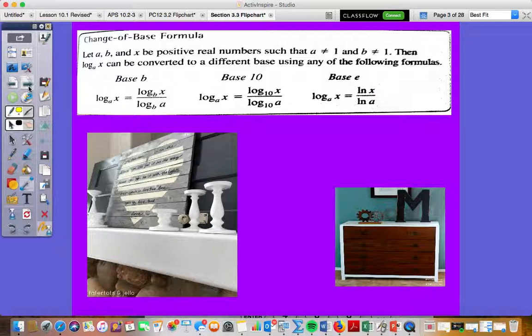This idea of change of base allows me to simplify a log if I can't simplify by our simple means. For instance, if I had log base 3 of 3, what would that equal? 1, right? We know that. It would equal 1, and we'd be good to go.